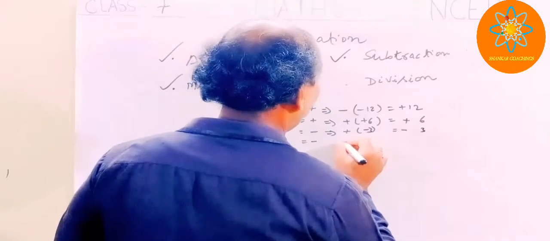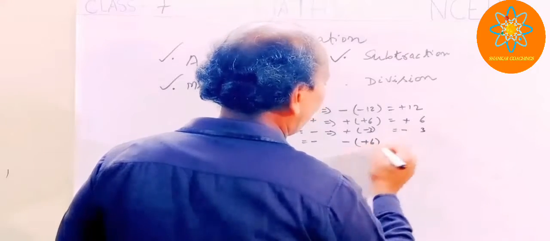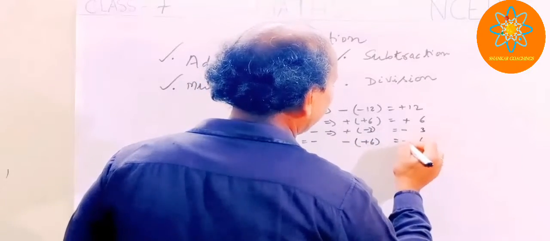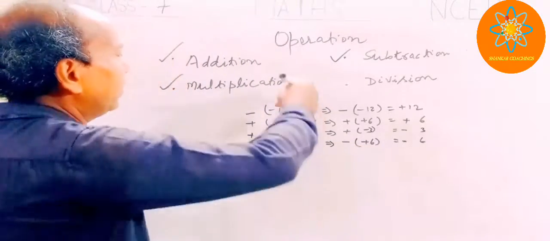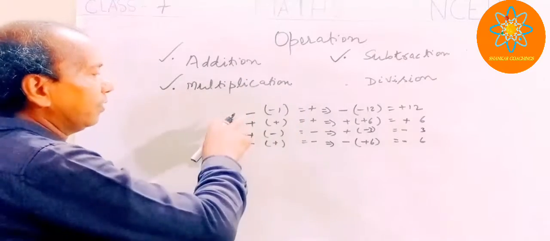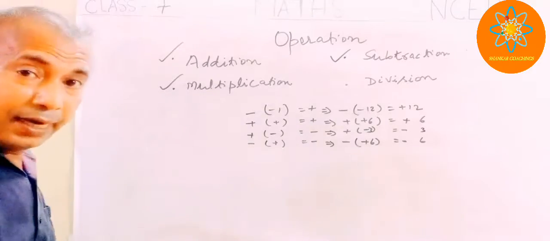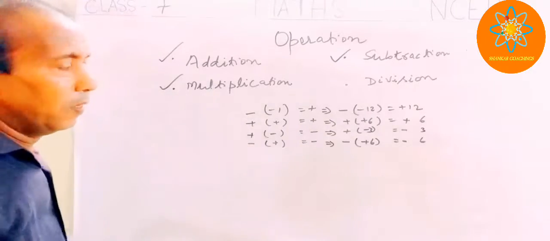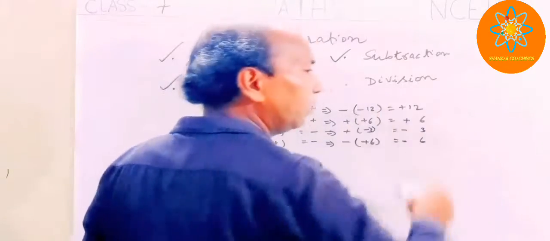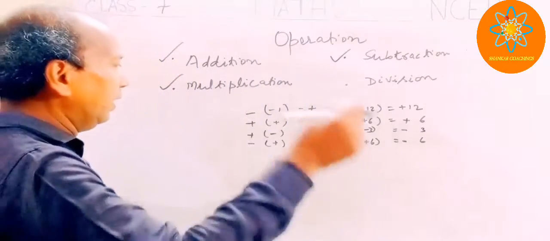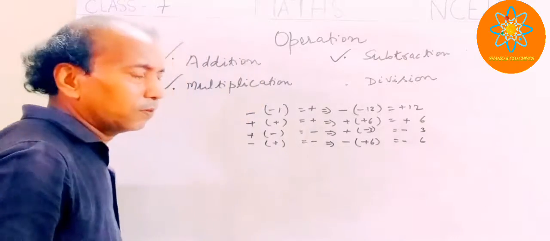Let's suppose we have minus and plus 6, so it will be minus 6. So where are we getting this from? Negative negative is positive, positive positive is positive. As we had already discussed in multiplication, if the sign is the same, then it will be positive, and if the sign is different, then it should be negative.